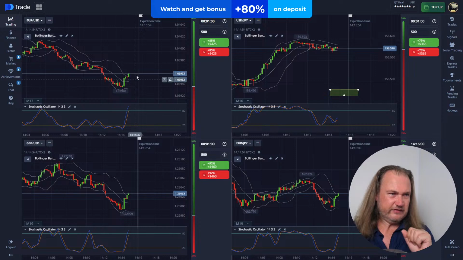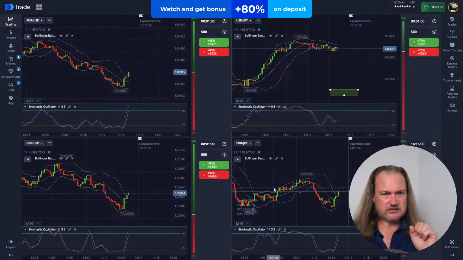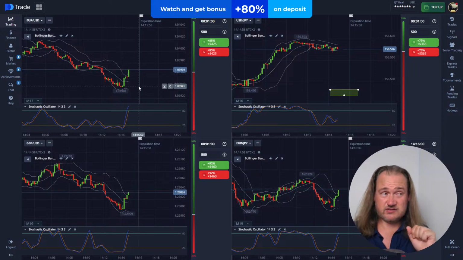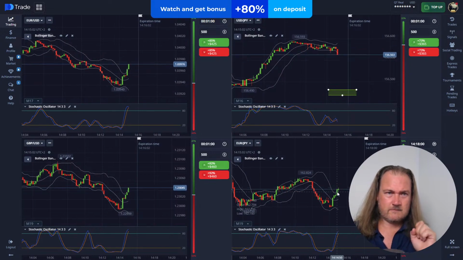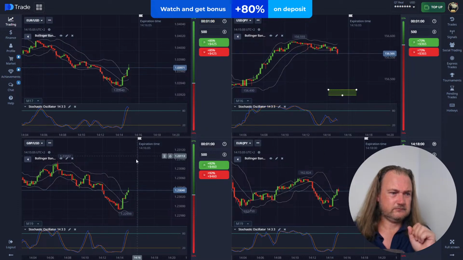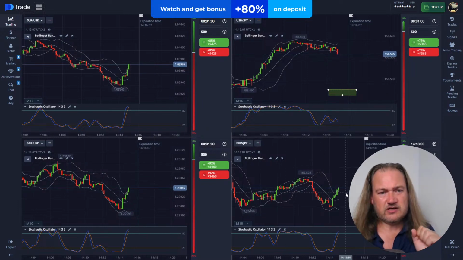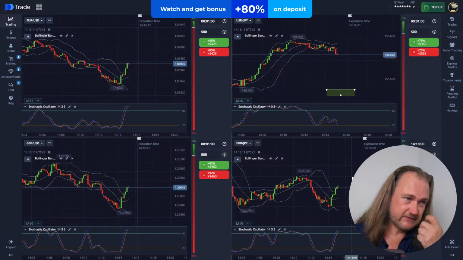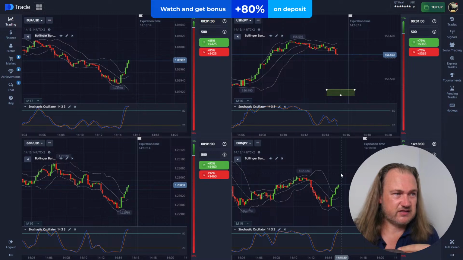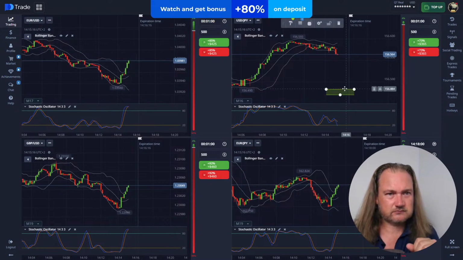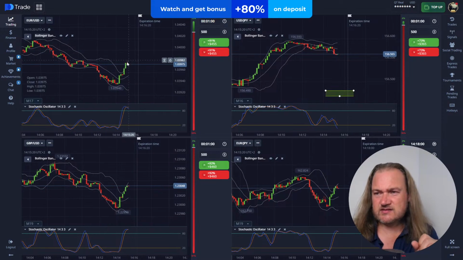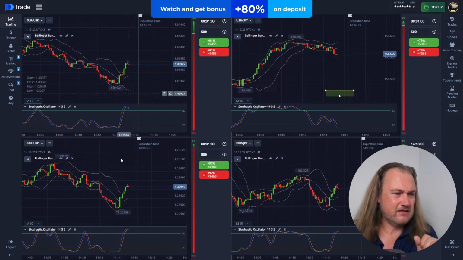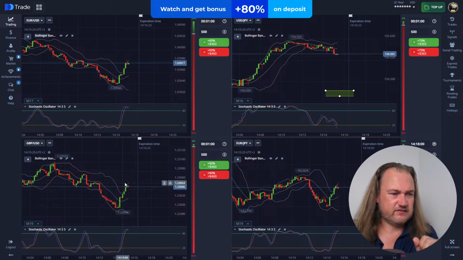It looks like all three of these pairs are setting up for hidden divergence, by the way. Okay, so all three of these pairs are forming a new bubble on the Bollinger Bands, and fingers crossed it's going to range and give us a stochastic jump. Okay, so divergence on this is gone. This one's still valid.